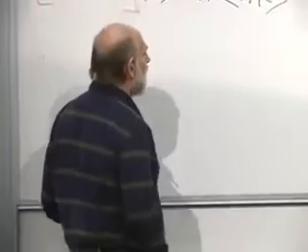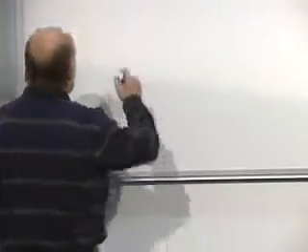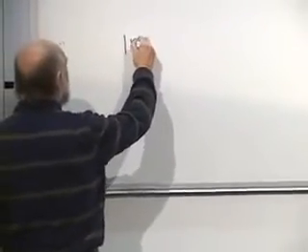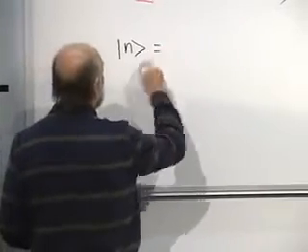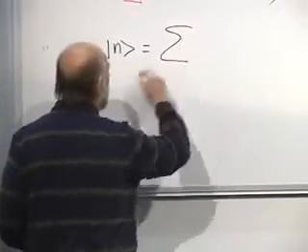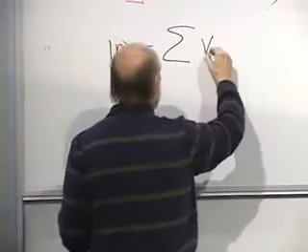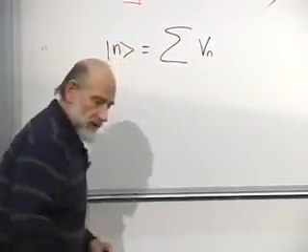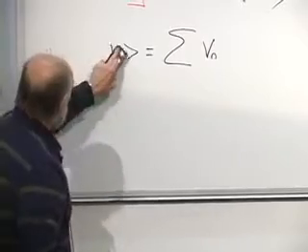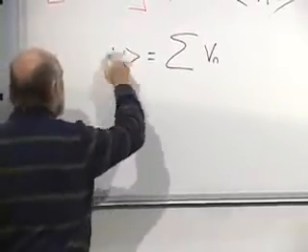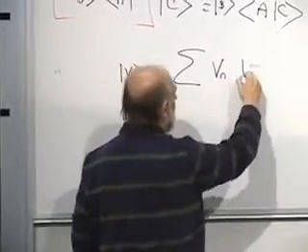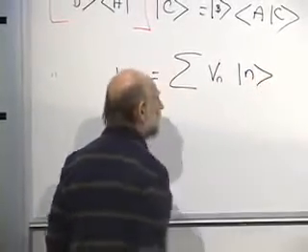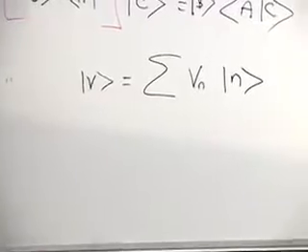Now, another observation is the following. If I have a basis of vectors, I can expand any vector in it. I want to write v as a vector is a sum of a set of coefficients times the nth basis vector. That's what a basis is good for.